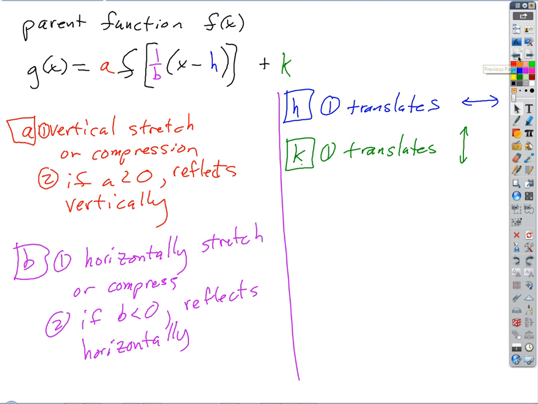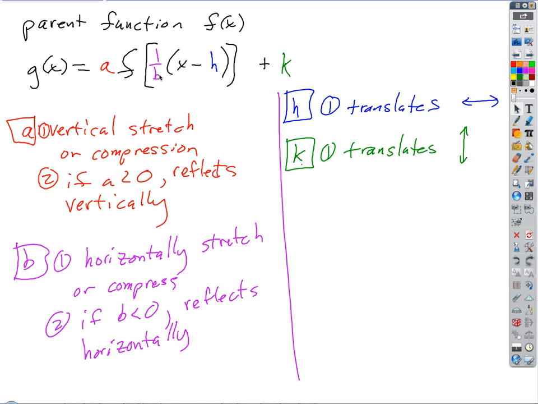We talked about what the meanings of all of the four parameters were. If we're taking some parent function f of x and we're going to transform that to get a new function g of x, then there are four parameters that control all the things we can do with that. A goes out in front, and it controls the vertical stretch and compression, and also vertical reflections. B sits on the bottom of a fraction, so the reciprocal of B goes inside the function before the x minus h.